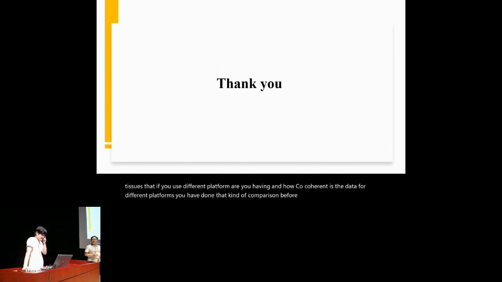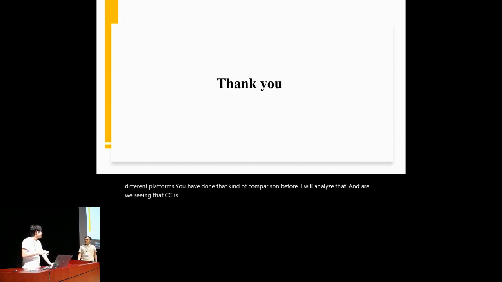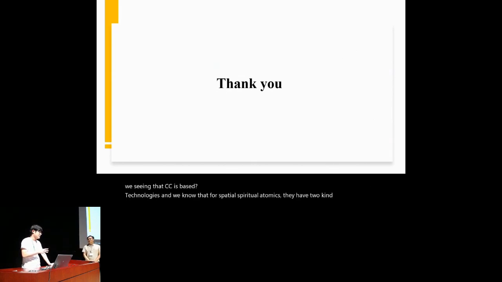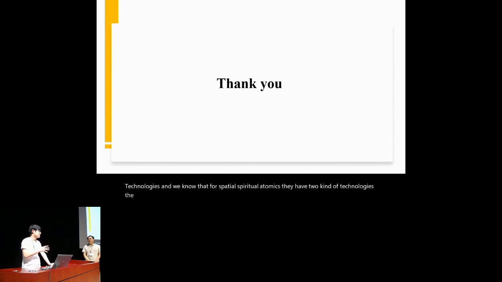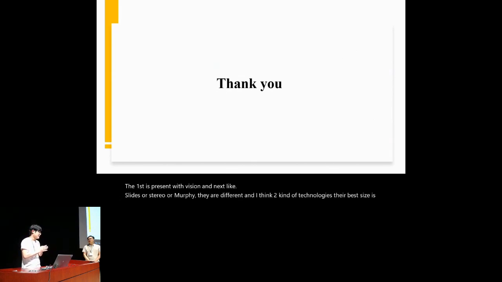Yeah, we analyzed that, and we think this depends on the different technologies. For spatial transcriptomics, there are two kinds of technologies. The first is Visium, and the next are like Slide-seq, Stereo-seq or MERFISH, which are different. I think between the two kinds of technologies, the batch effect is very huge.